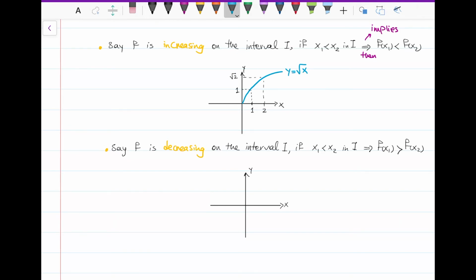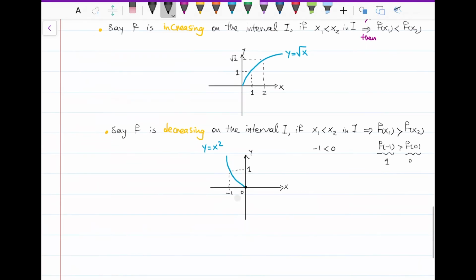X-axis, y-axis, and this is just the part of the function x squared. Pick 2 points, for example -1 and 0. -1 is less than 0, but f of -1 is 1, which is not less than f of 0, which is 0. So f of -1 is greater than f of 0. This is 0, this is 1. So as you see, this is a decreasing function.